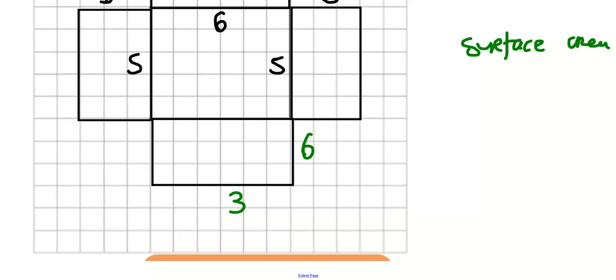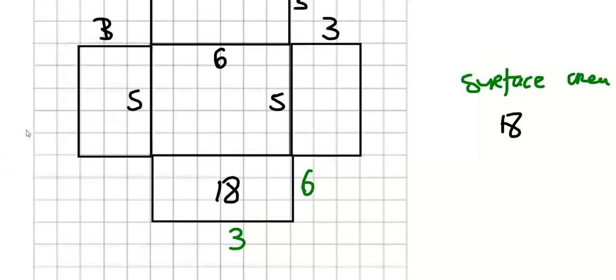Okay. So here we go. I'll start with this one there. 6 multiplied by 3. So that one's 18. So you start off with 18. What about this one here? It's a 6 by 1, I think. Oh, sorry, it's 5 by 3. You can actually count the blocks if you wanted as well.